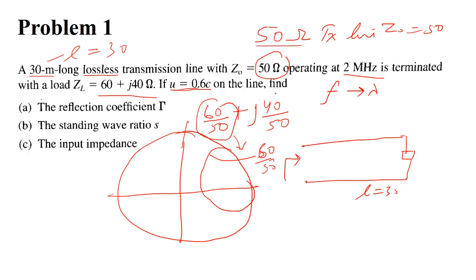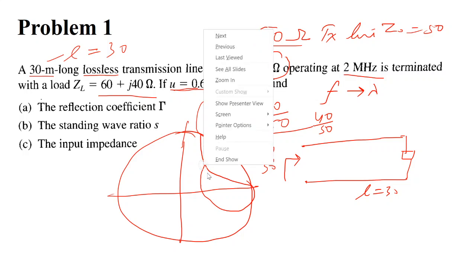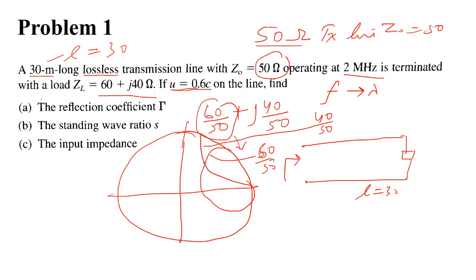Next, this is the X part, 40 over 50, which is 4 upon 5. This is positive, so you go to the upper part, and the arc goes somehow like this. This is the 40 over 50 ratio, and this is the intersection. When you have this point, you use the scale to find this distance.